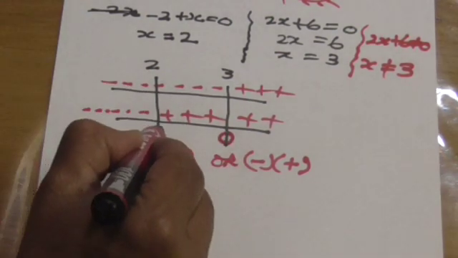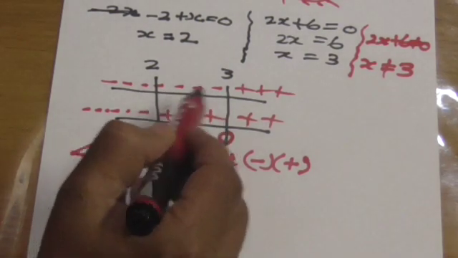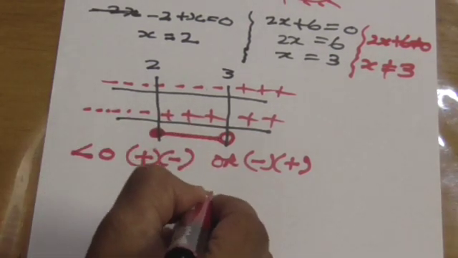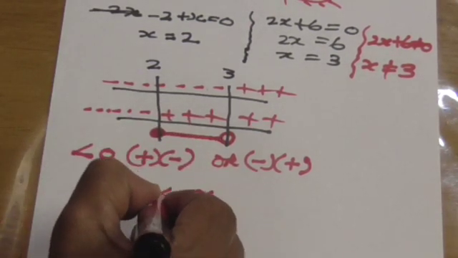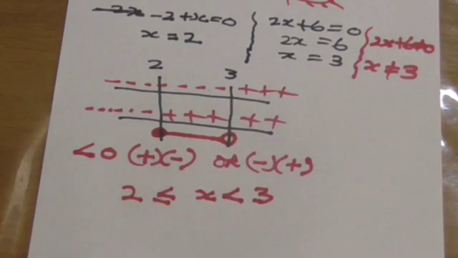But x can be equal to 2. And plus times minus is from here to there. So the answer is from there to there. So really the answer is x is greater than or equal to 2, less than 3.